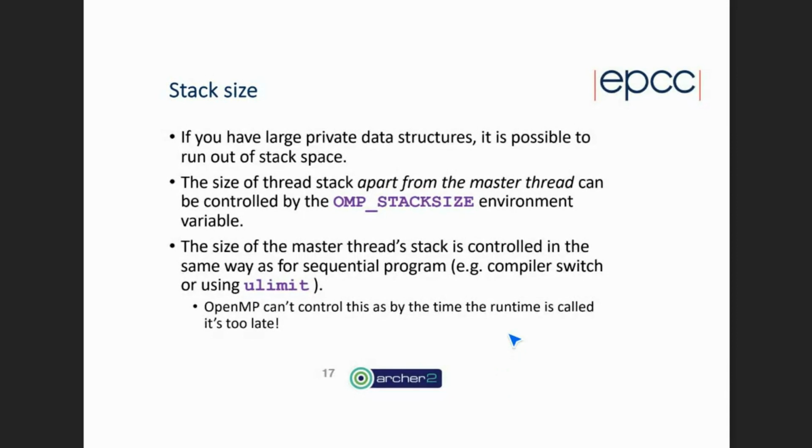The stack for the process is set by the operating system on process creation, and even if the OpenMP library is invoked before you start executing any actual code, it's too late for it to set the stack size. It's not able to change what the operating system set. So typically, you may well need to use both these mechanisms to set all the thread stacks big enough.